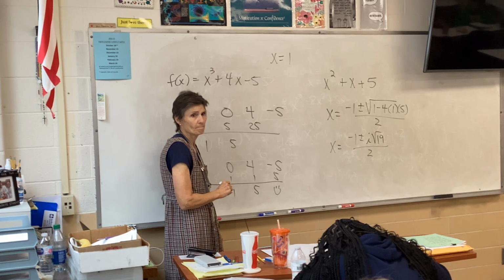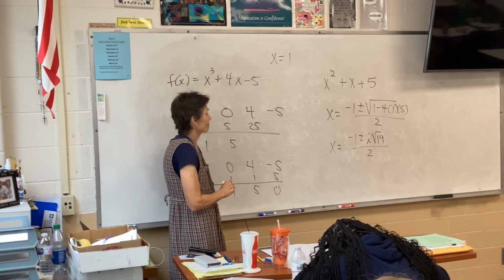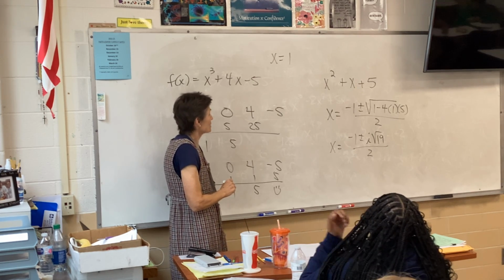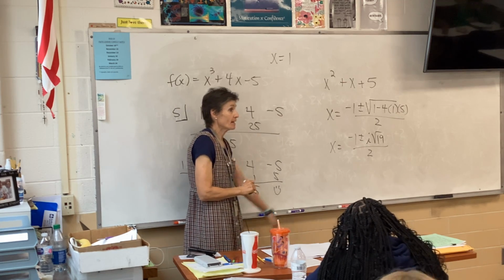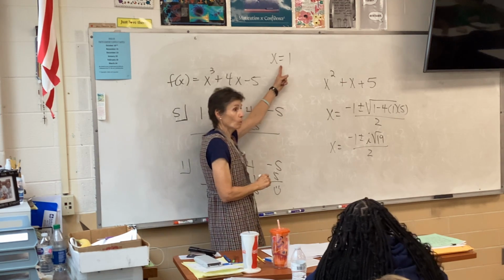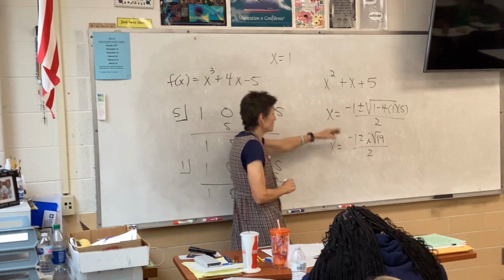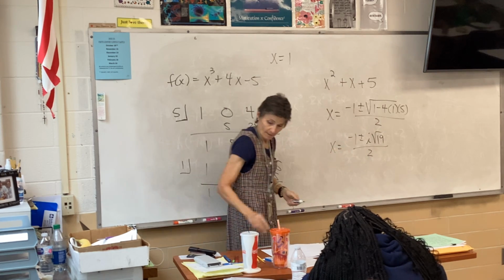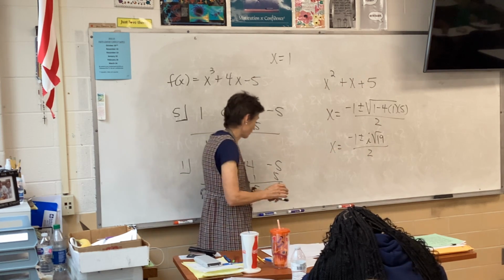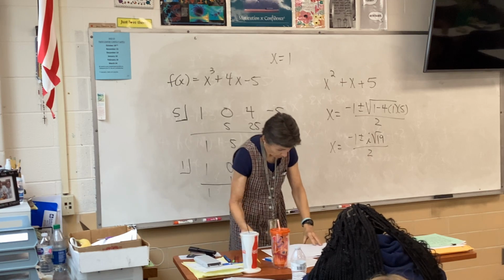Is that okay? So, how many answers did I find? 3. A real one that we guessed, and then 2 imaginary ones that we got from the quadratic formula. Perfect, perfect, perfect.